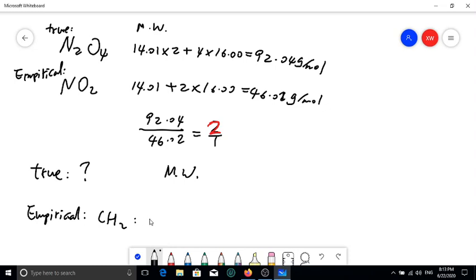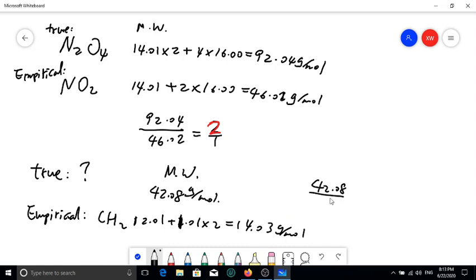We know the empirical formula molecular weight, which can be calculated by having 12.01 plus 1.01 times 2. So 1 carbon, 2 hydrogens, which gives 14.03 grams per mole. So this was calculated from CH2. We also know the true molecular weight is about 42.08. So you can see that the ratio between the true molecular weight over the empirical molecular weight is about 3.